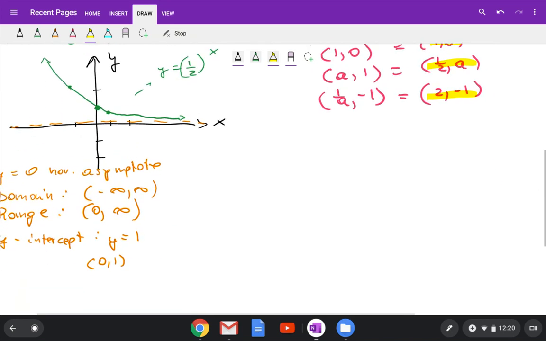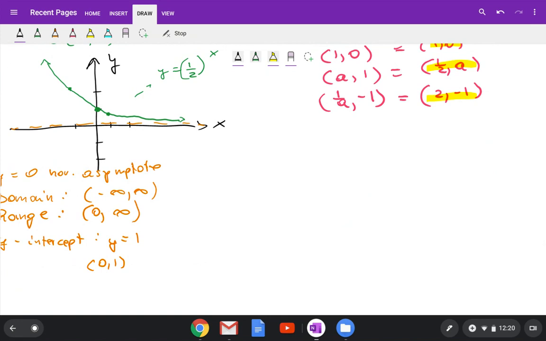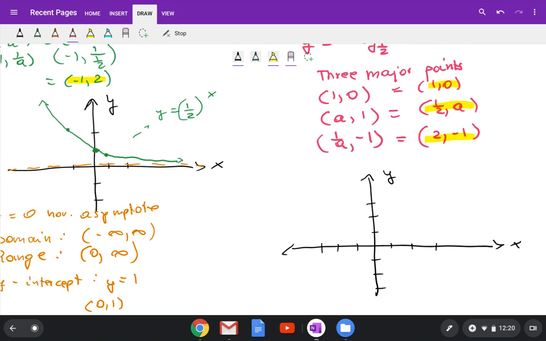Let's graph this function. I'm going to plug in the points.